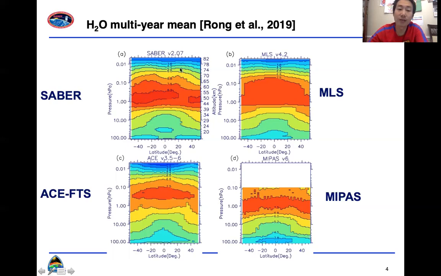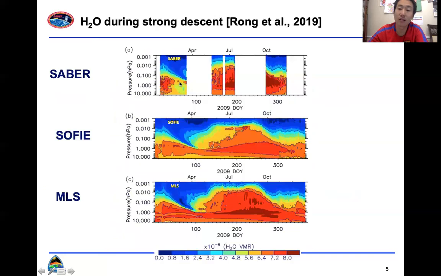And the mixing ratio decreases with altitude in the mesosphere because of photodissociation. In the polar region, during very strong descent events, we can see similar decreasing water vapor in winter.